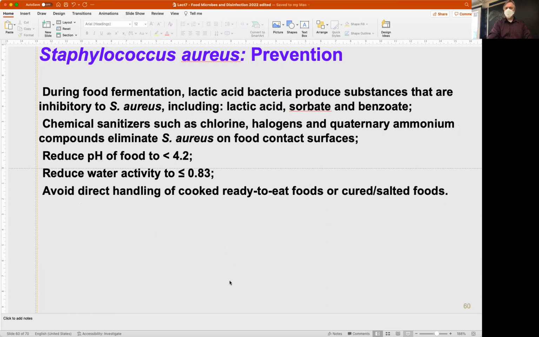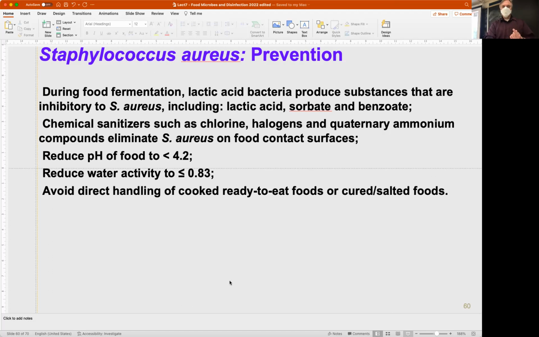If you have food fermentation, lactic acid bacteria can produce something that inhibits Staph aureus. Milk fermentation is a lactic acid fermentation, so yogurt, buttermilk, kefir, that sort of product can inhibit the Staph aureus.